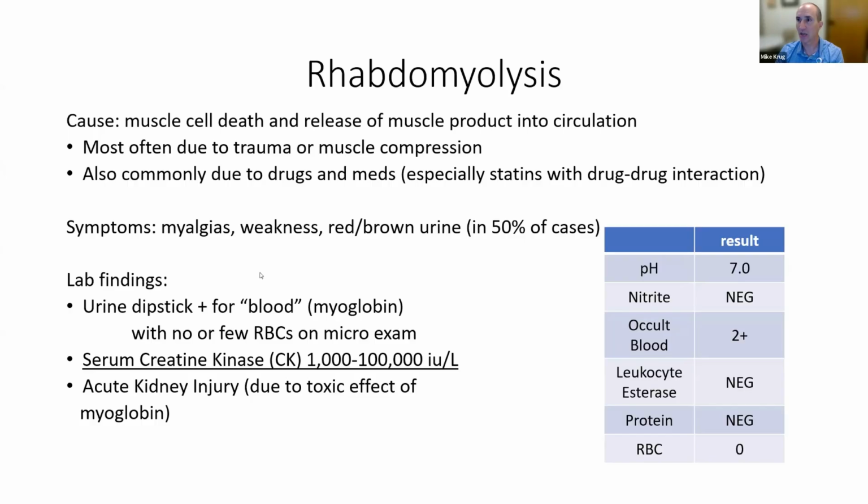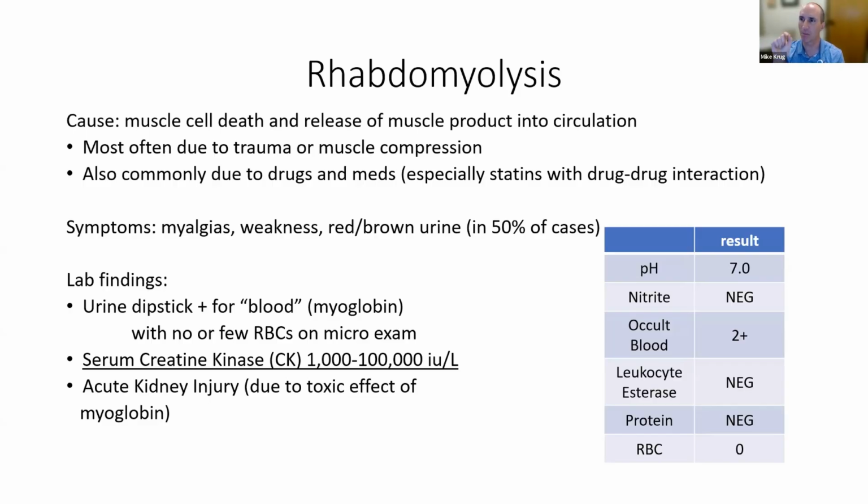And then the lab findings can be illustrative. A new AKI in the hospital, you're generally going to get a urinalysis, and this can really show you something. If the dipstick is positive for blood, like in this case, the dipstick can be fooled by myoglobin. So in this case, the dipstick said there's blood in this pee. But then the microscopic exam, where they looked at the urine for red blood cells, showed no red blood cells.